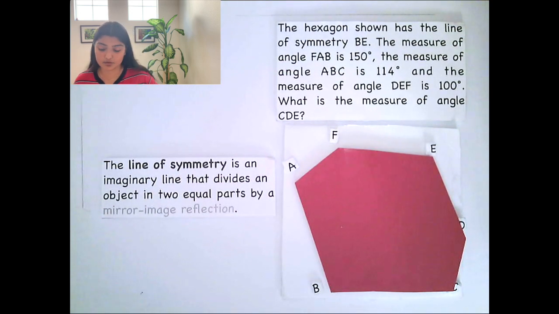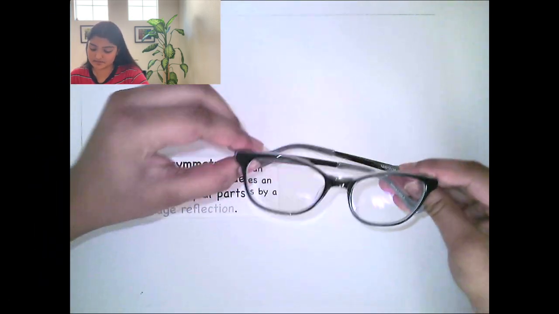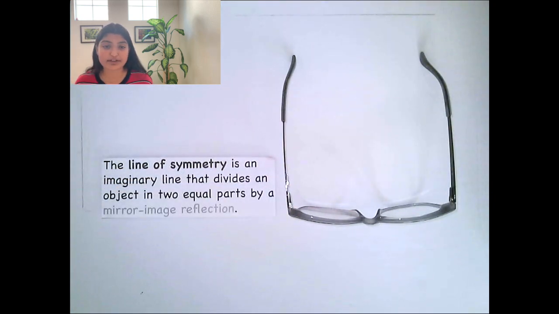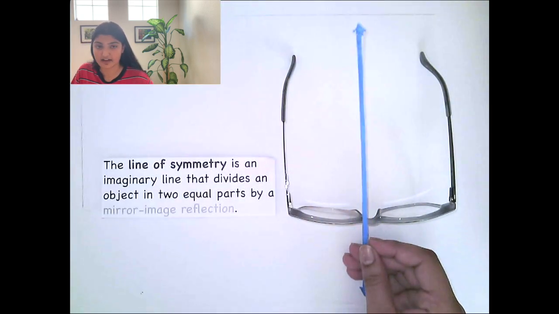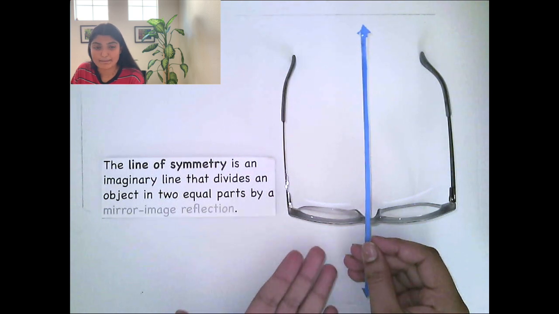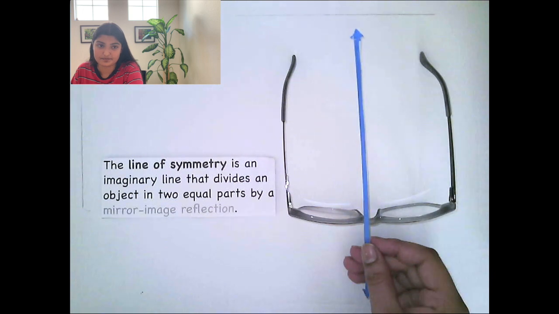Let's look at an example. For instance, this pair of glasses. If we unfold these glasses, we can see that the line of symmetry would be cutting these glasses in half, as the left side of these glasses could be mirror image and reflected on the right side.